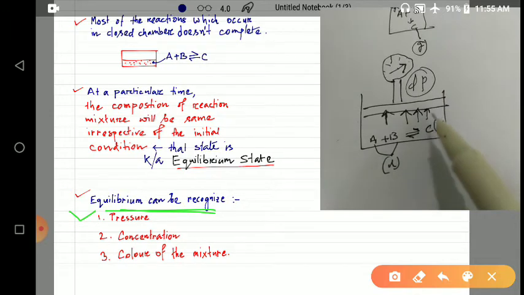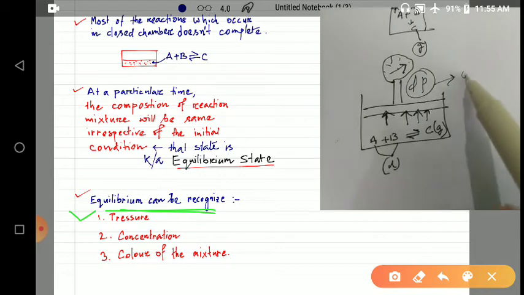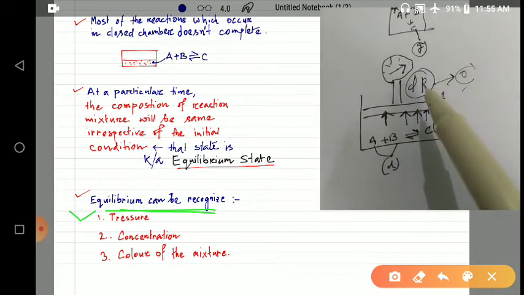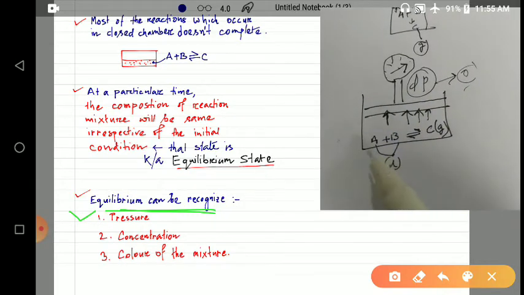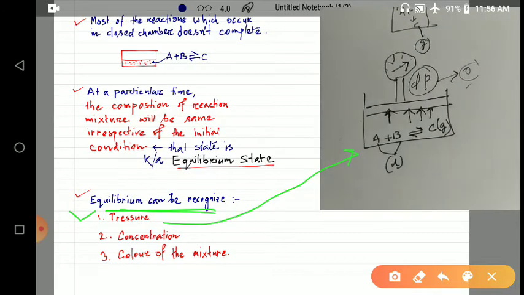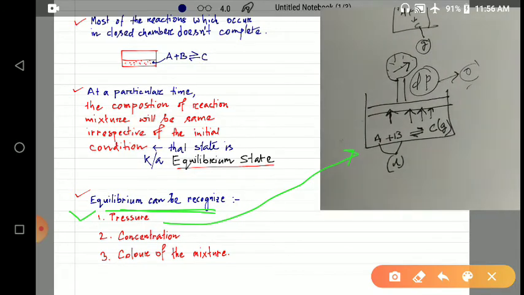So at that particular point the pressure change will be 0. That means no additional pressure will be observed. So by observing the pressure, we can recognize the equilibrium state, that means the equilibrium point.